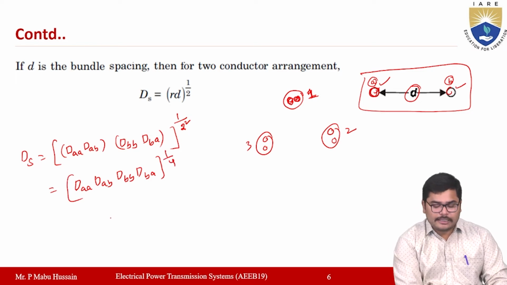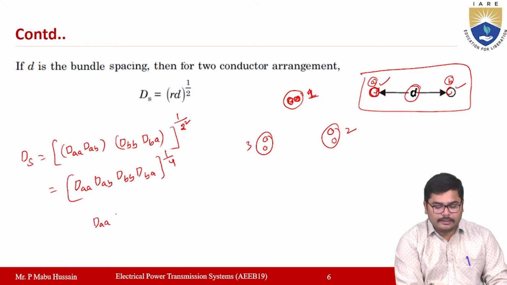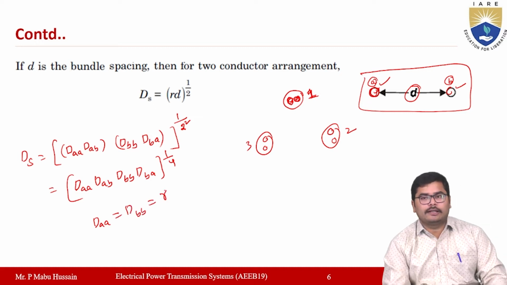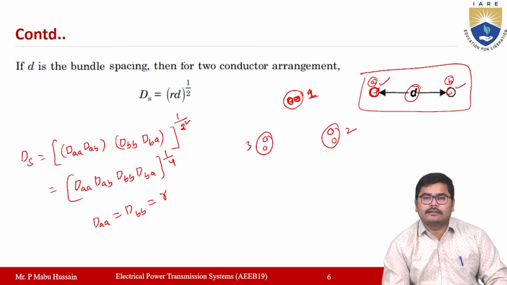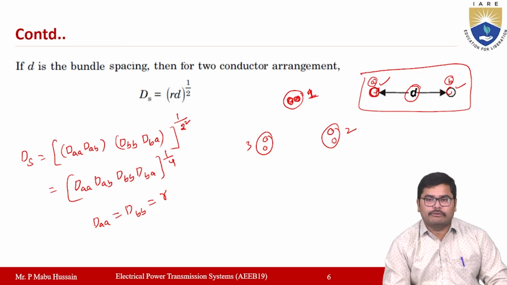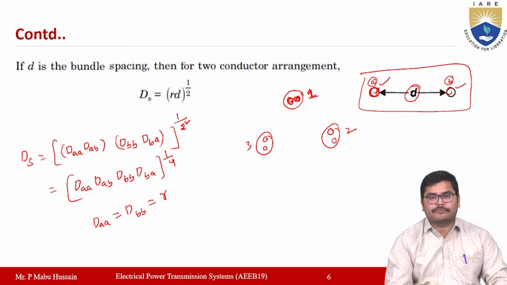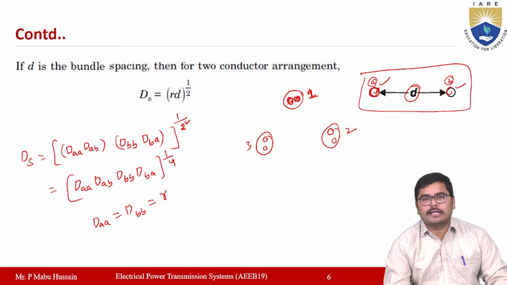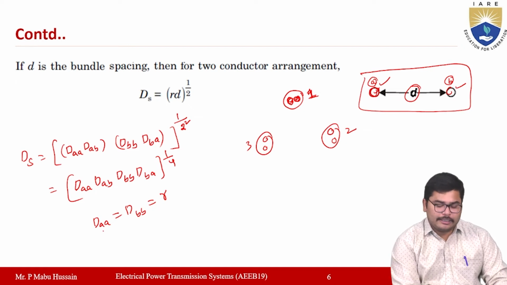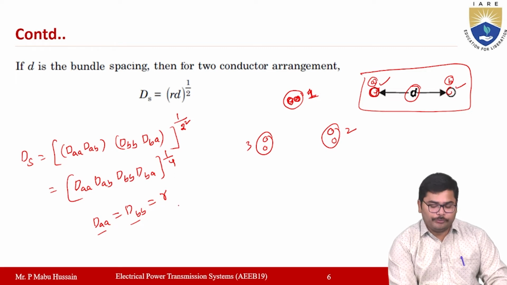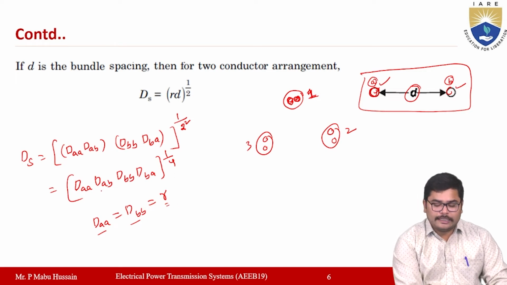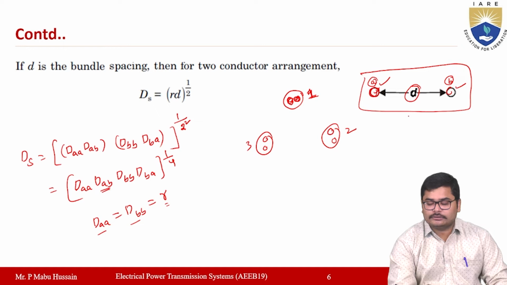Okay, and the self distances DAA and DBB will both be equal to the radius of the conductor in case of capacitance. If you want the inductance, that will become R dash. Okay, so as here we are determining the capacitance, DAA and DBB will be equal to R, and DAB distance here is nothing but small d.